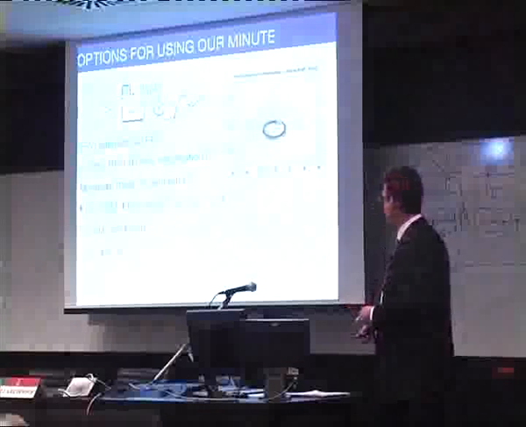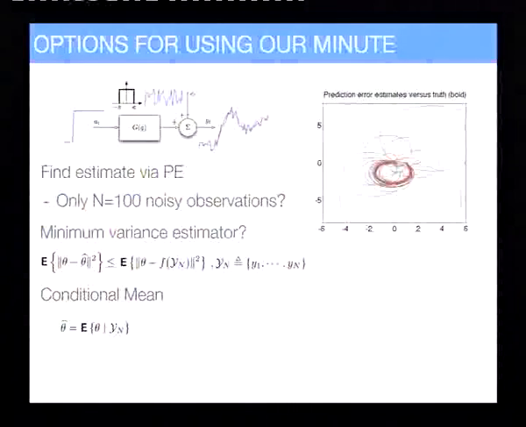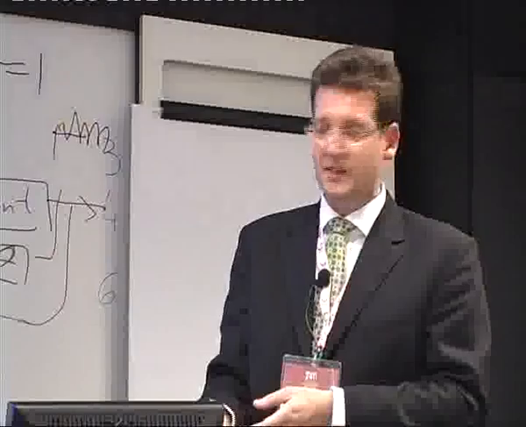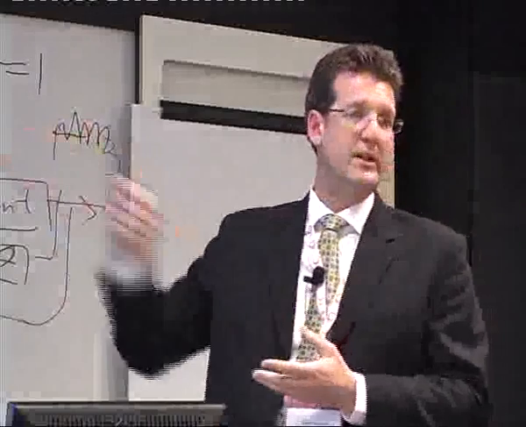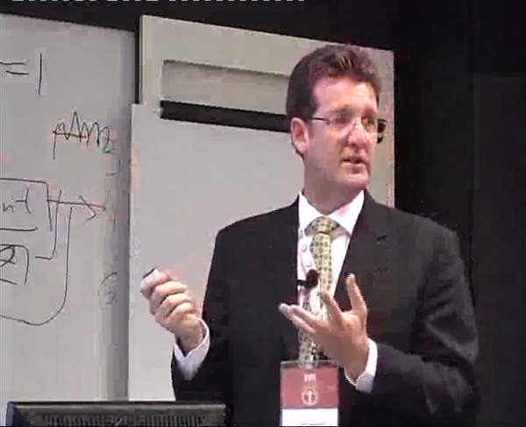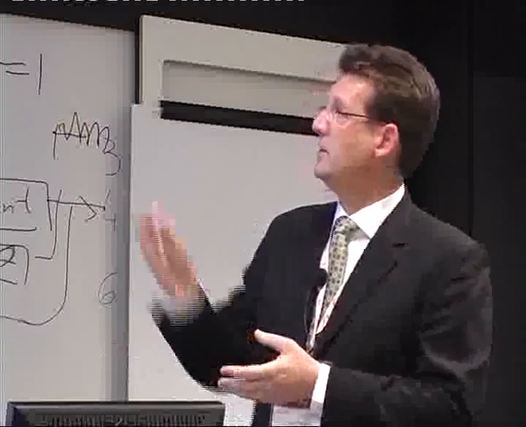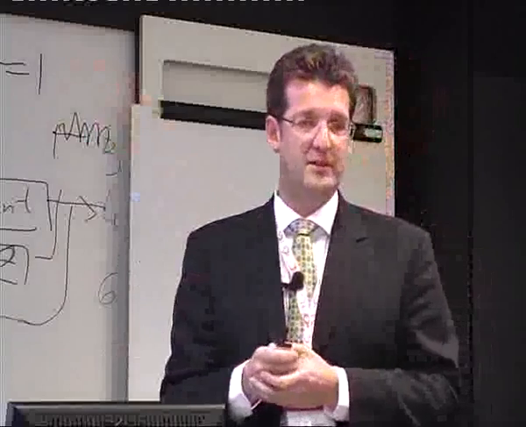Well, as we know, yes, there is. It's called the conditional mean. And so I tried that, and for the same 20 data sets, I computed the conditional mean estimate. And you can see that, sure enough, as the theory promises, it gives us much lower variability in the estimates, especially when you compare it to the prediction error estimates.